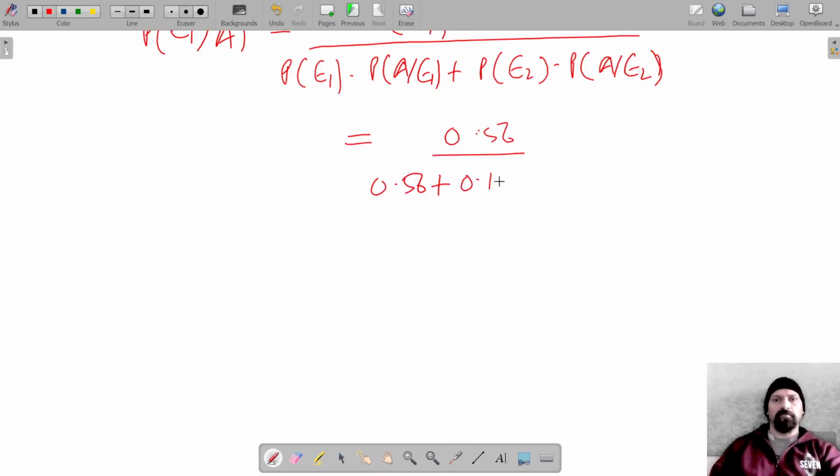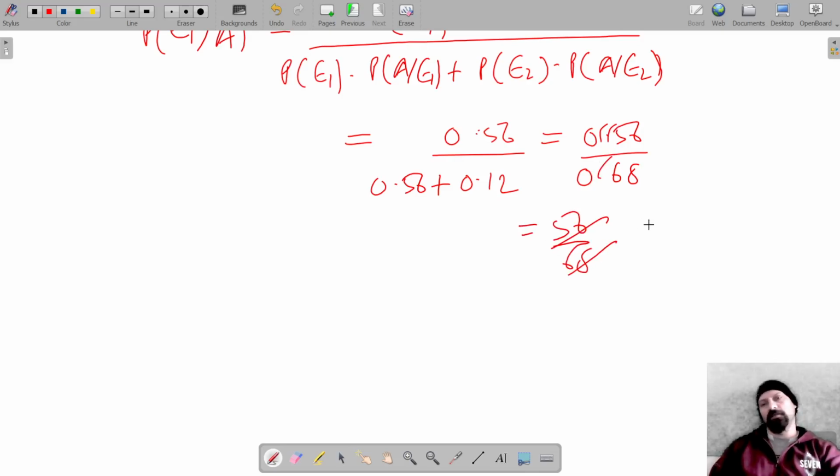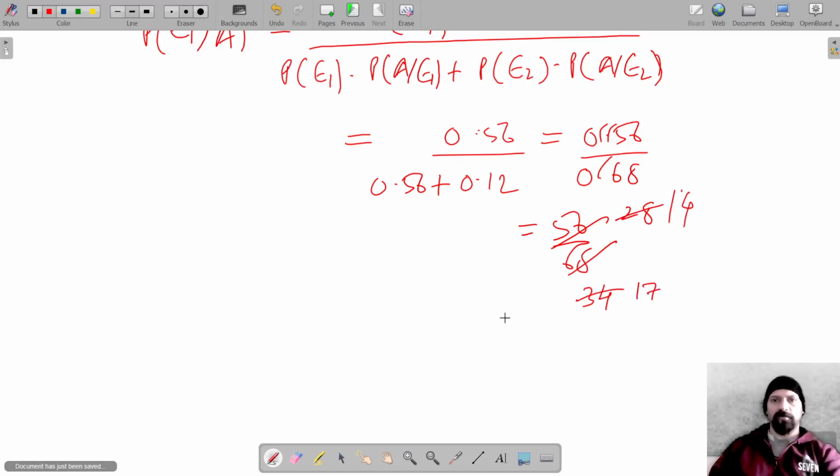So this is 0.56 upon 0.68, which gives me 56 by 68, and this is 28 by 34, and then 14 by 17. So the probability is 14 by 17.